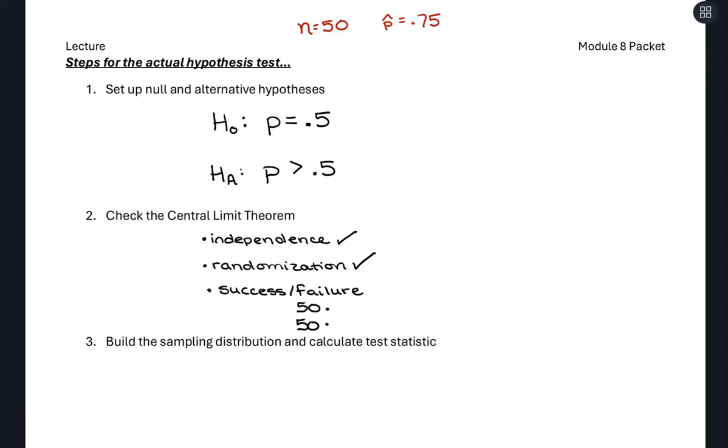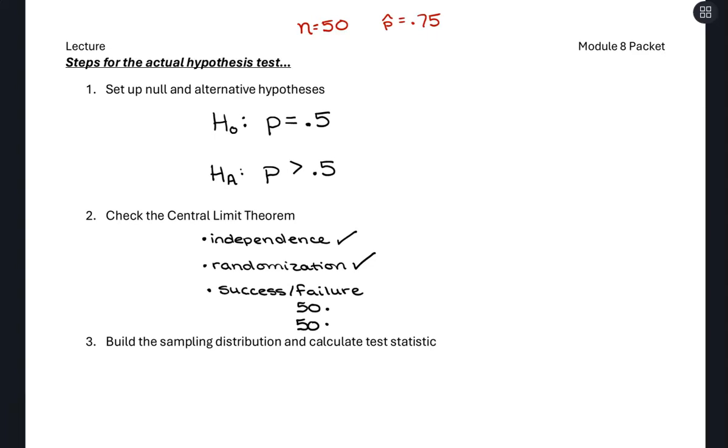Something I said in that last video a few times, but I just want to call out more distinctly here: when we make that bell-shaped curve, it's all built around that null hypothesis. We built it around that 50% because that's what we're assuming is true. And we want a distribution built around that assumption so we can see what we expect for our sample proportions.